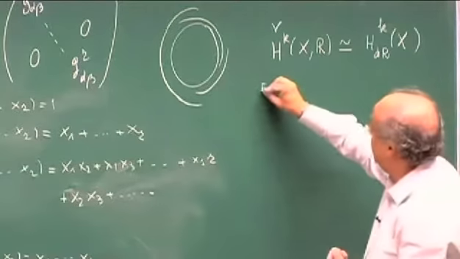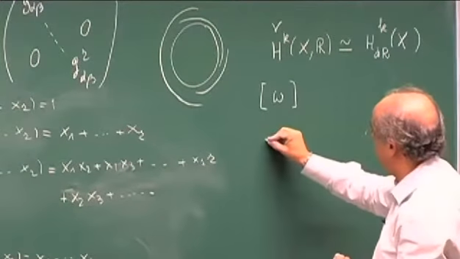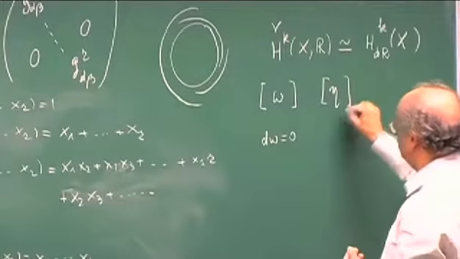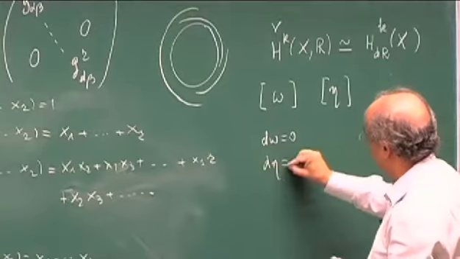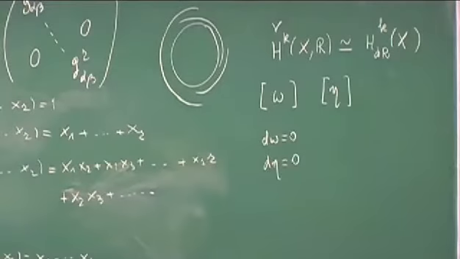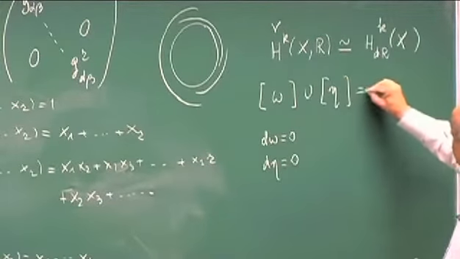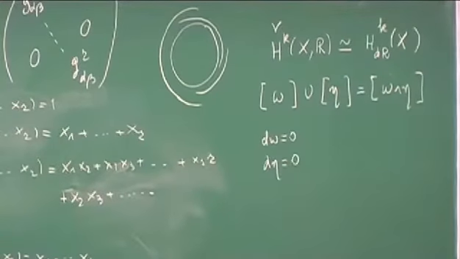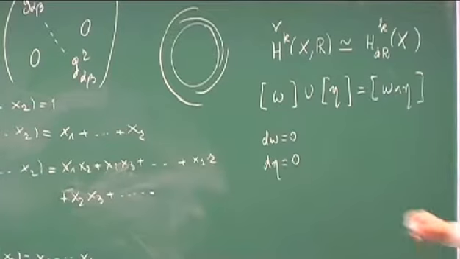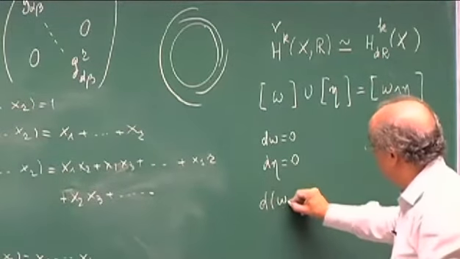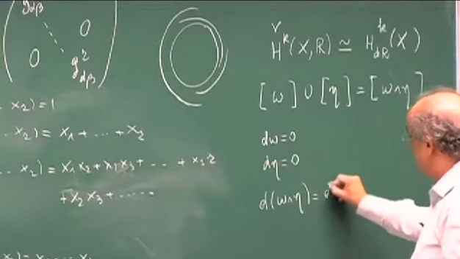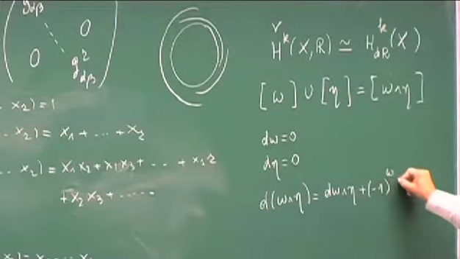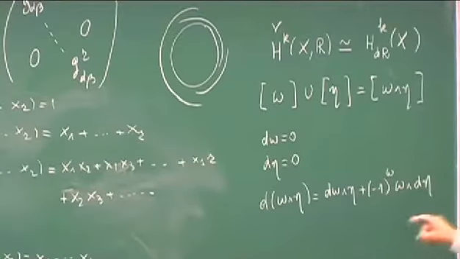So a cohomology class is something like this, where omega is a closed differential form. If I have another, it will be something of the same sort, a closed differential form. And then I define the cup product by wedging the representatives, using the fact that the wedge will be closed as well because of the following Leibniz rule.